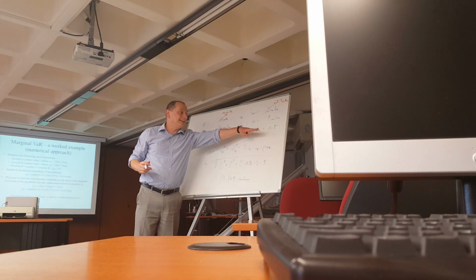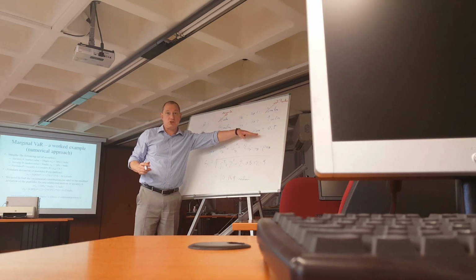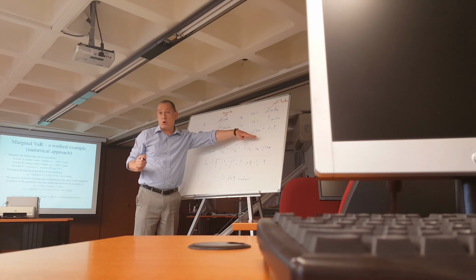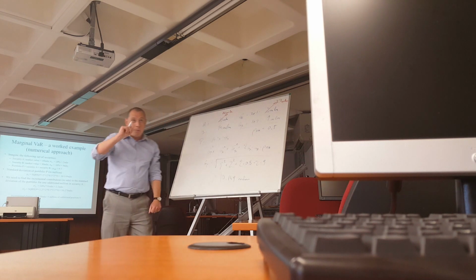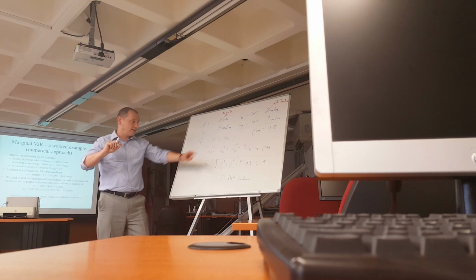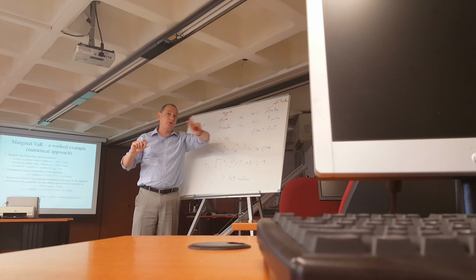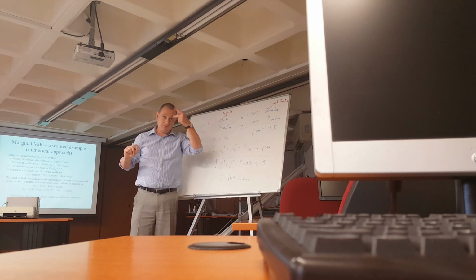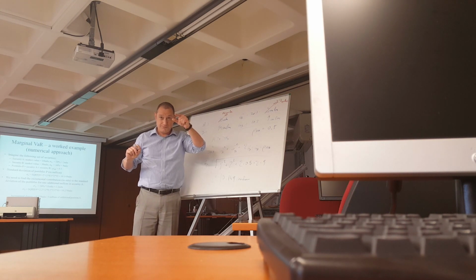By the way, does this correlation coefficient change if I change quantities? No. Would the beta have changed if I change quantities? Remember, the beta has a correlation coefficient with the portfolio.